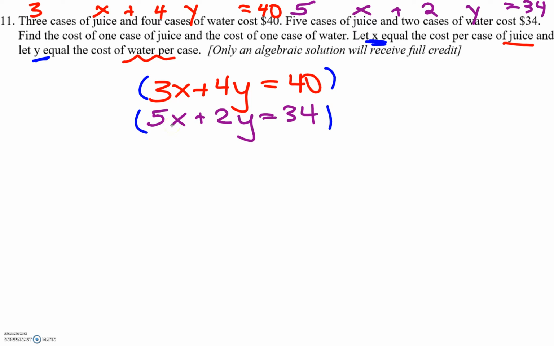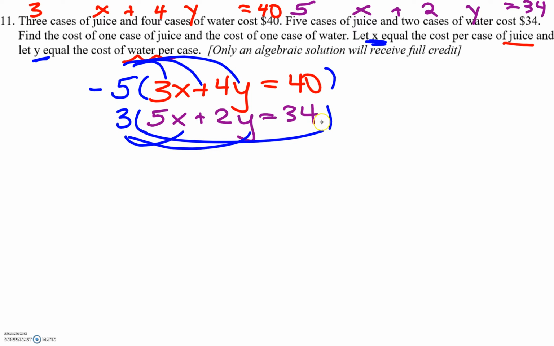If I want them eliminated, I'm going to take the top one, multiply it by 5, take the bottom, multiply it by 3, but I have to make one of them negative. It does not matter which one. The reason why I have to make one negative is so that when you add the two equations together, it eliminates.